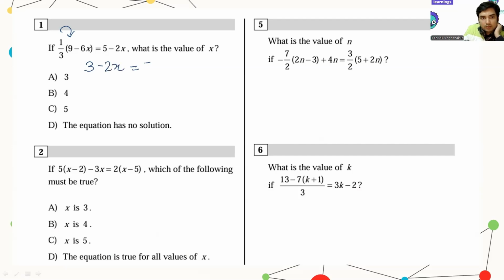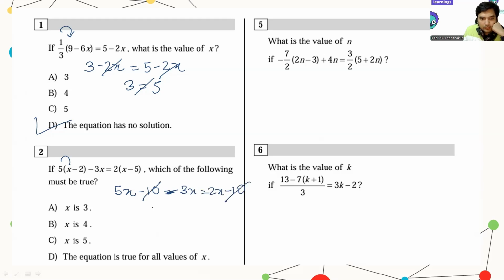So 3 minus 2x is equal to 5 minus 2x. So 3 is equal to 5. Is it true? No, it's not true. So it's no solution. Now 5x minus 10 minus 3x is equal to 2x minus 10. Negative 10 and negative 10 are gone. 2x is equal to 2x.